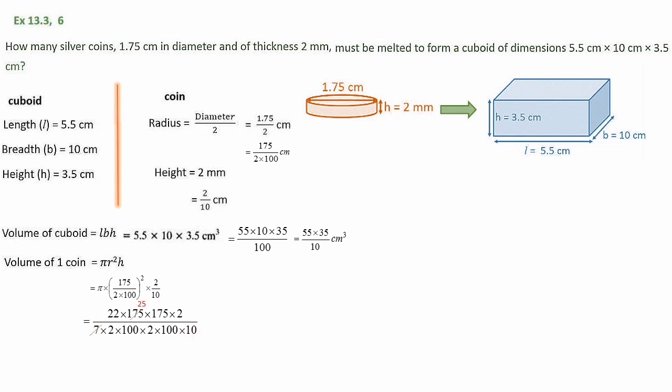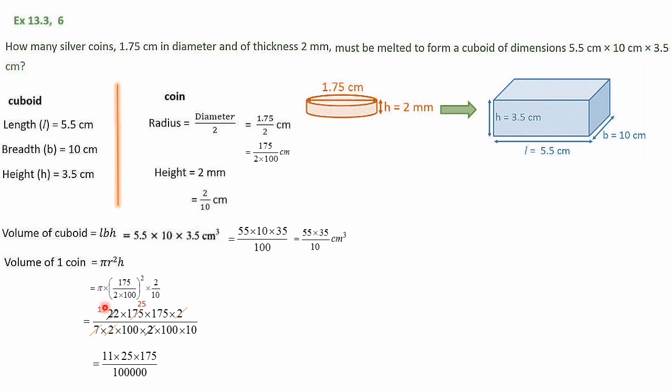We'll go for calculation. 7 and 175, if you cancel, it will come here. 7 2s are 14. 7 2s are 14. In 17 remaining 3 balance, so 35. 35 means 5, so 25 will come. Then next is 2 and 2 cancelled. Next is 2 and 22 we can cancel and write 11 times.